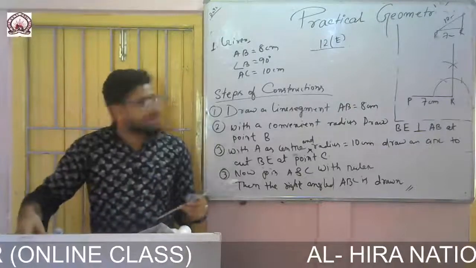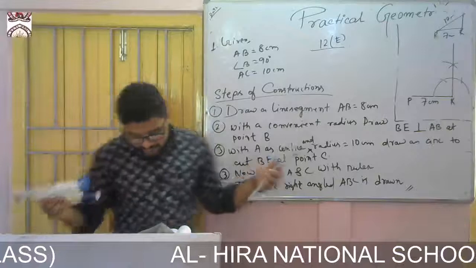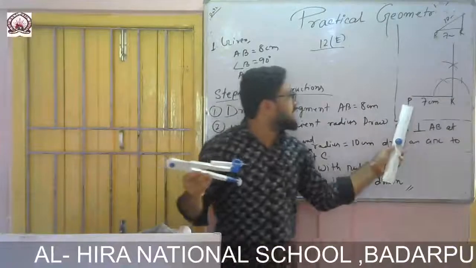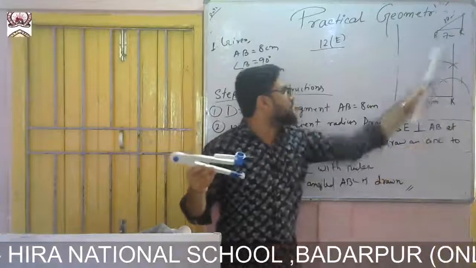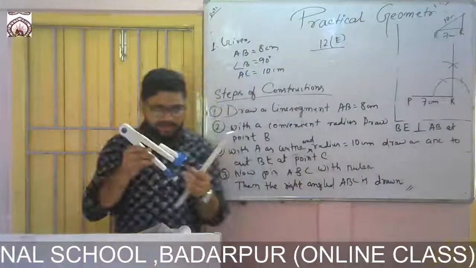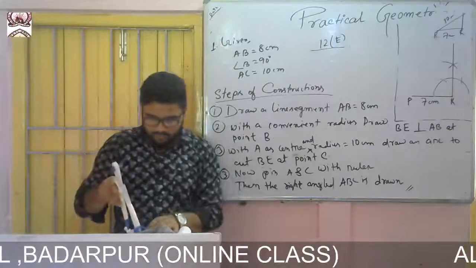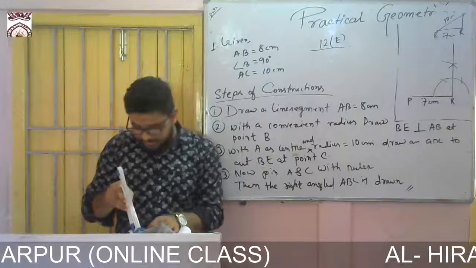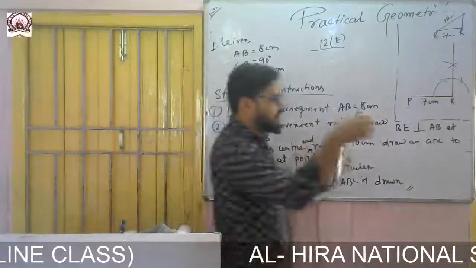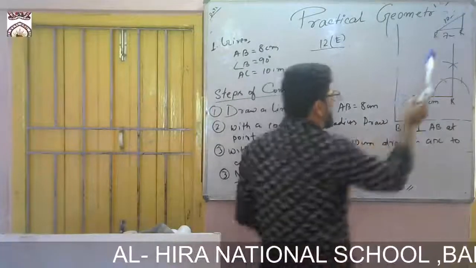Now take PQ. How much? PQ is again 10 centimeter. So from P, take 10 centimeter, and placing at P you cut.